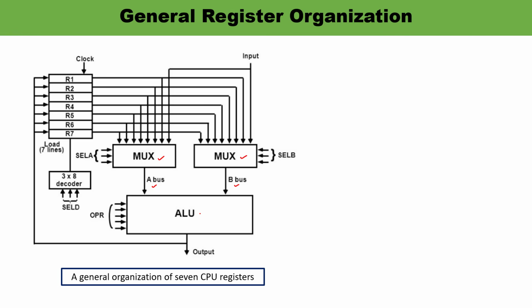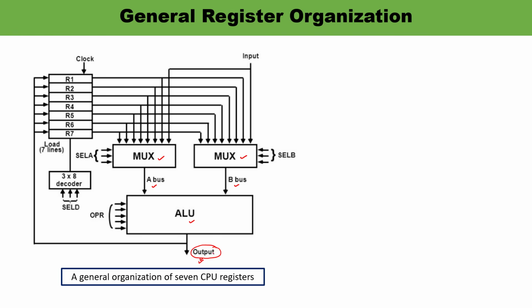These two buses are the inputs of the ALU. The ALU is the arithmetic logic unit, and it performs the required arithmetic or logical micro operations, and the result of that micro operation is available at the output.